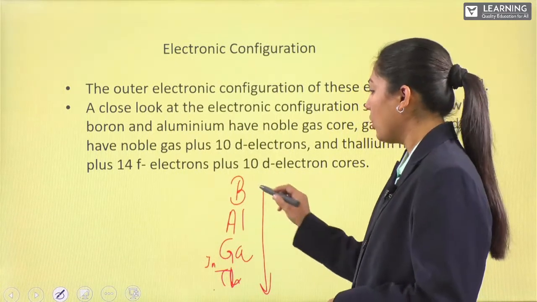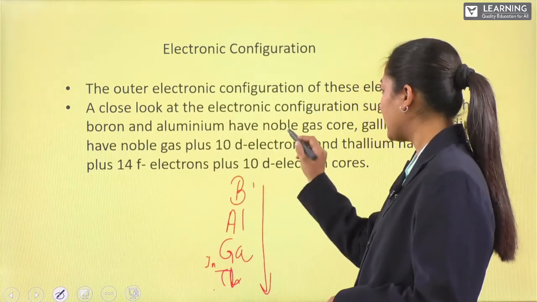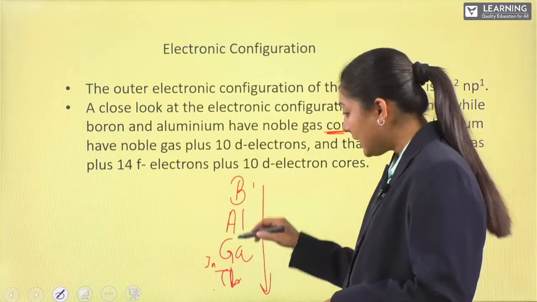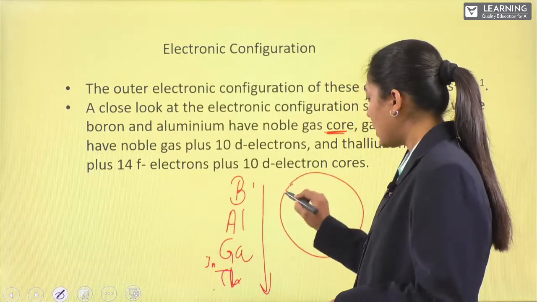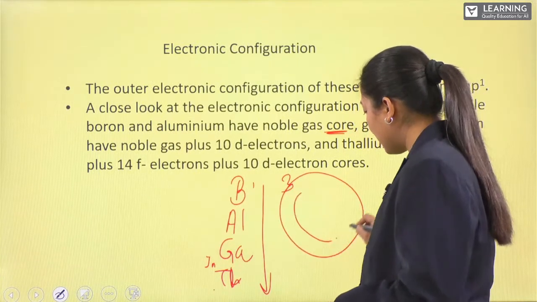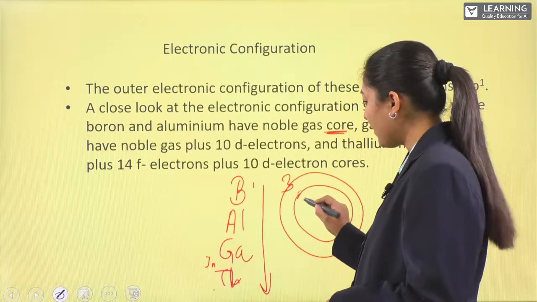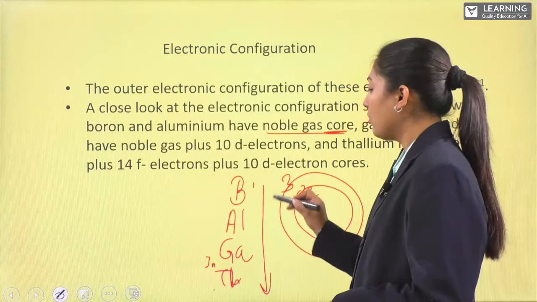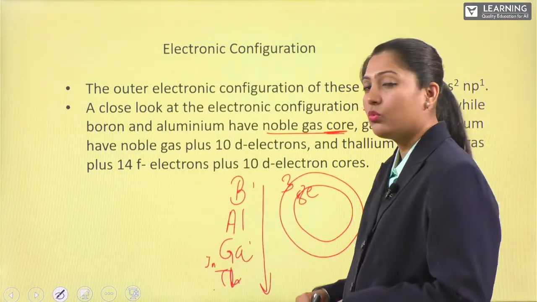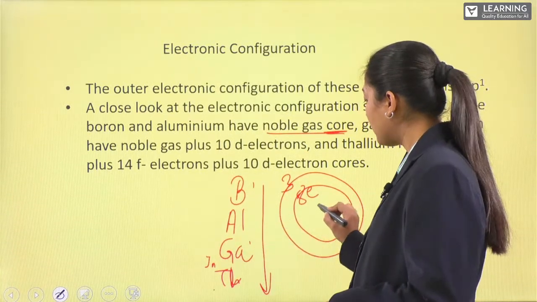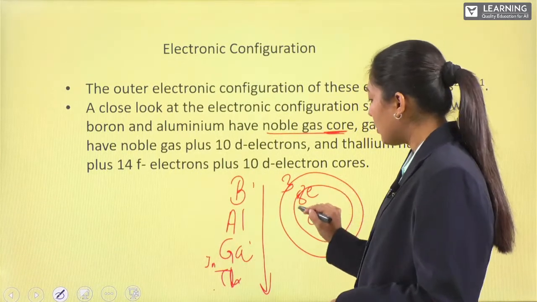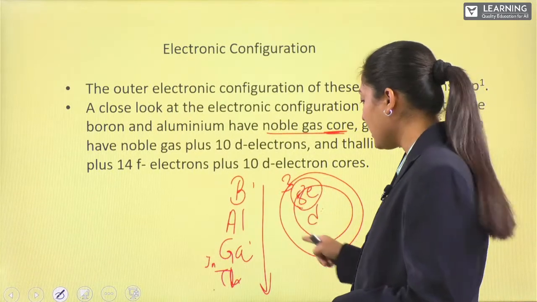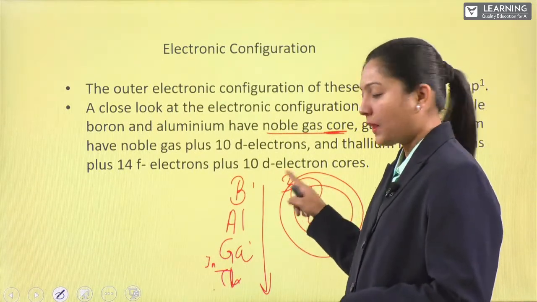Size increases. For boron, we'll be having a noble gas core, like it will be having 8 electrons in the inner shell. If you have the outermost shell with 3 electrons, exactly inside that we have 8 electrons. So that gives you the noble gas core, whereas gallium and indium will be having d orbitals along with these 8 electrons, meaning 18 electrons in the inner shell of the outer shell.